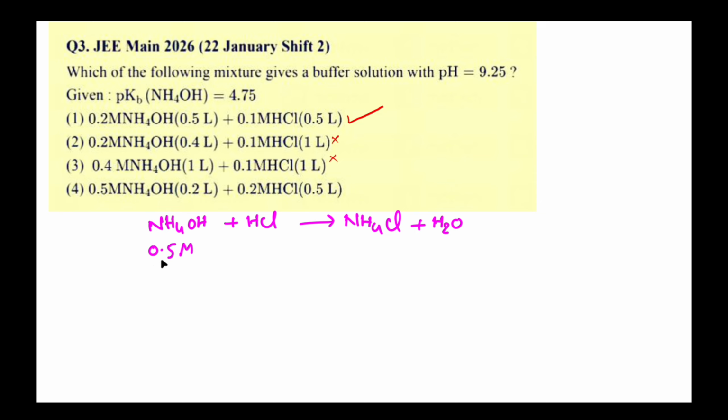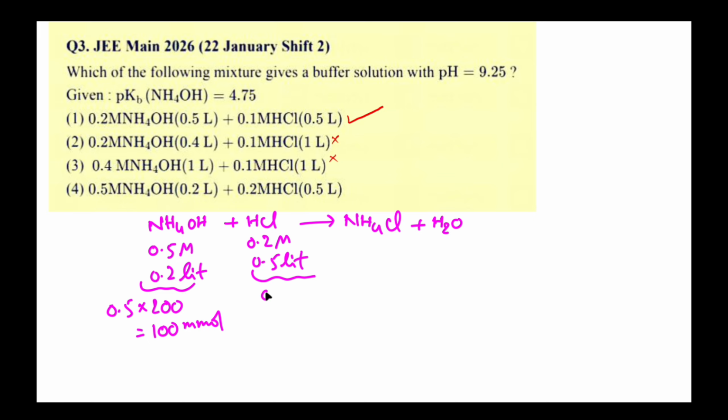0.45 molarity of NH4OH and 0.2 liters of NH4OH is treated with 0.2 molarity and 0.5 liters of HCl. Convert into millimoles: 0.5 M into 200 milliliters is 100 millimoles of NH4OH, and 0.2 M into 500 milliliters is 100 millimoles of HCl.